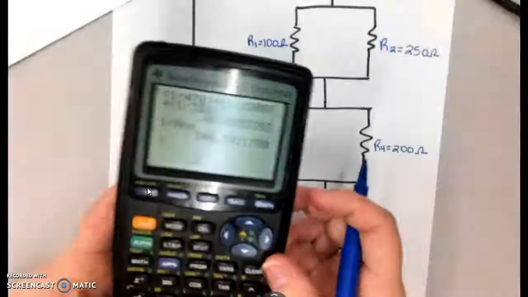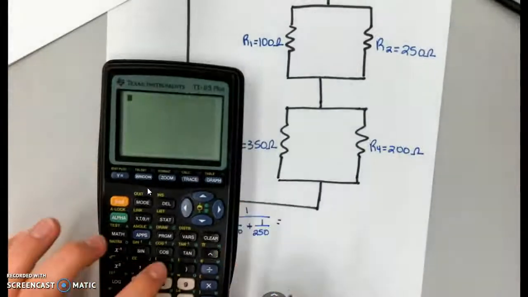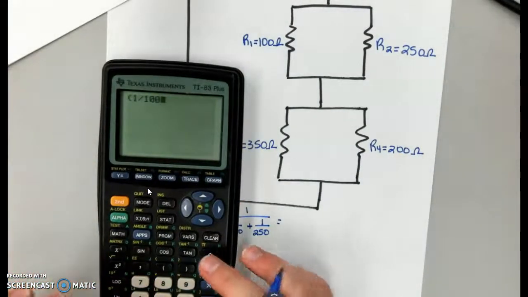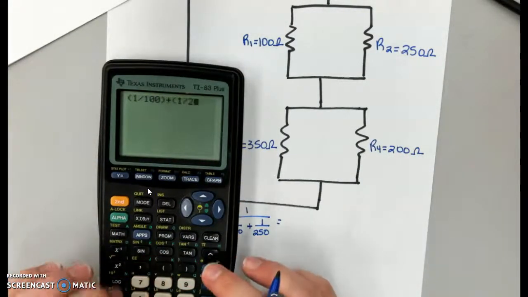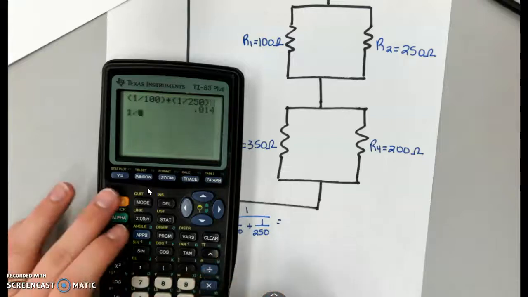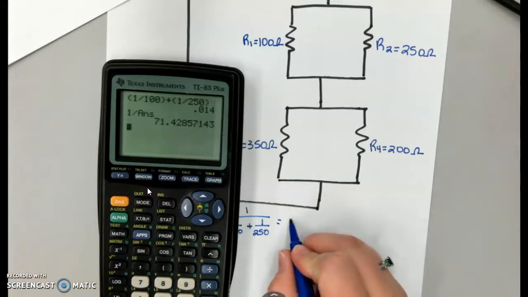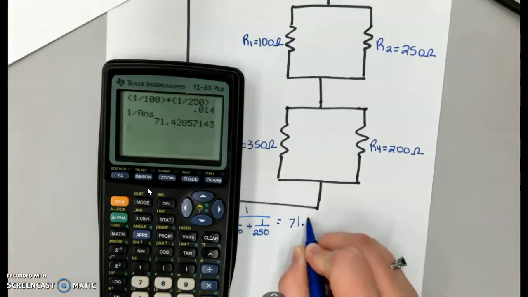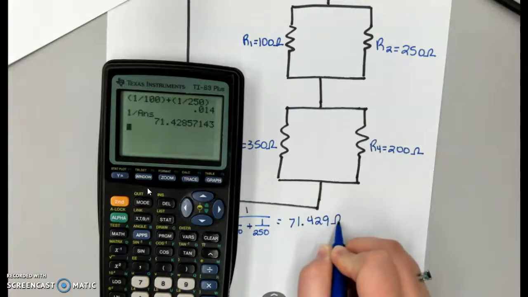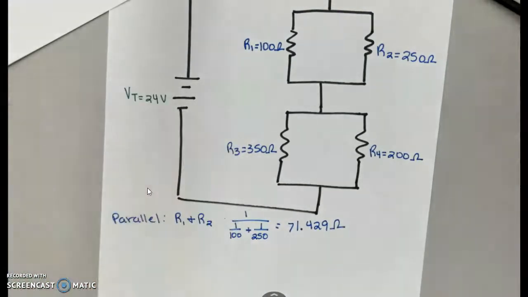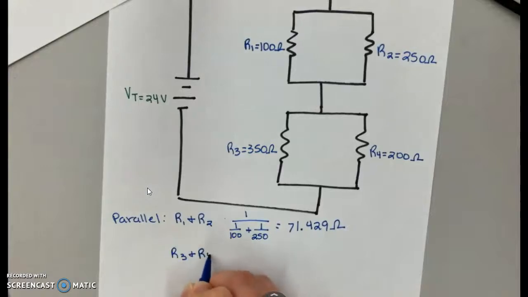And again, if I'm going to do that in the calculator, let me put what's on the bottom first, and then divide 1 by the answer. And we get about 71.429 ohms.